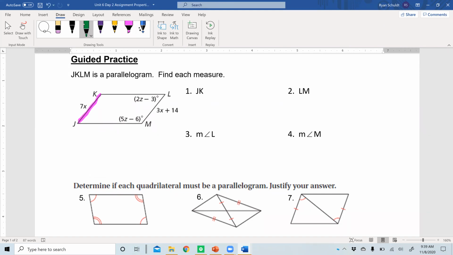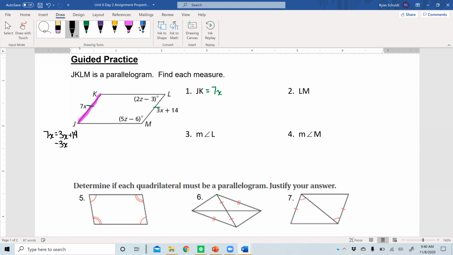So JK, we know is equal to 7x, but it's not enough to say that. We need to actually find it. What do we know, though, about JK and LM? We know that they are congruent. So to get x, we can simply set 7x equal to 3x plus 14.